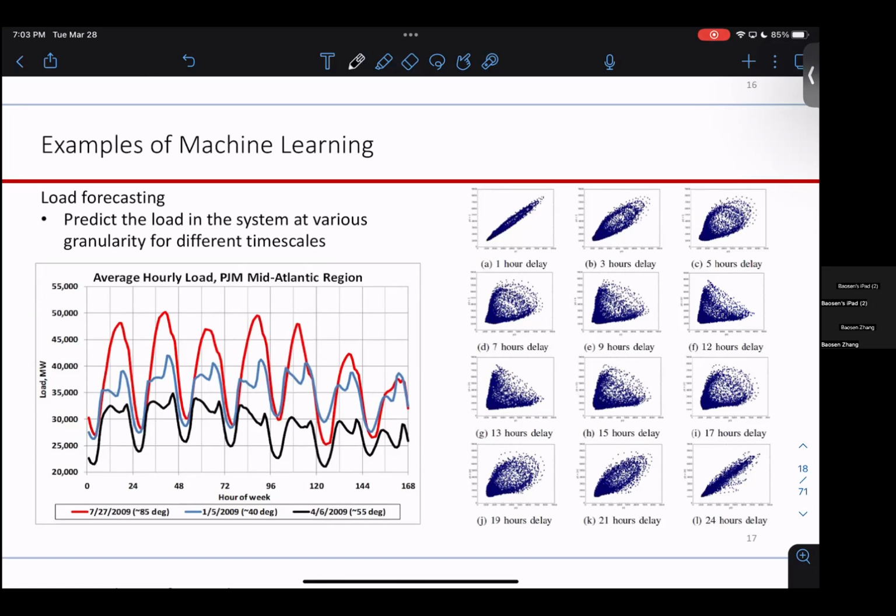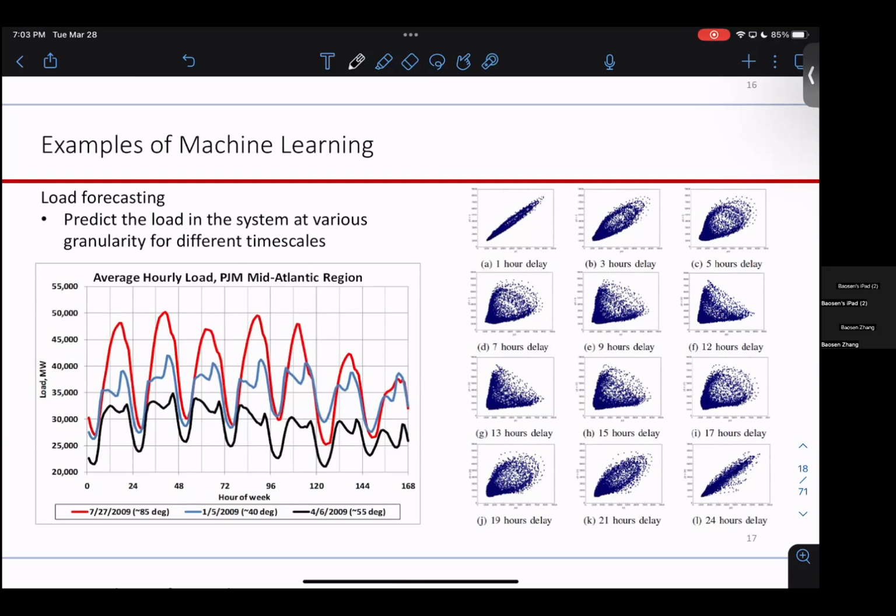This is PJM. PJM is a very often used example in this class. PJM is the largest operating area system in the US. The name mostly stands for Pennsylvania, Jersey, Maryland. PJM is much larger than these three states, but that's where the name comes from.